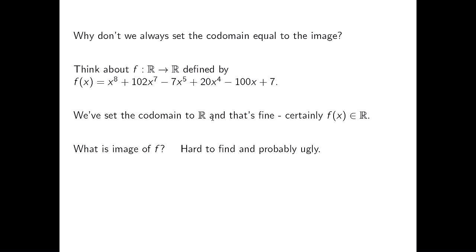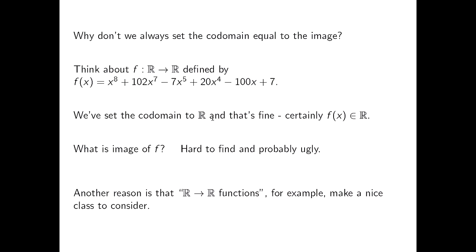And then there's perhaps also a more philosophical reason for this, which is sometimes we really do want to think of functions as maps from a certain set to a certain set in particular ways, and sometimes it's intuitively useful to think about that.